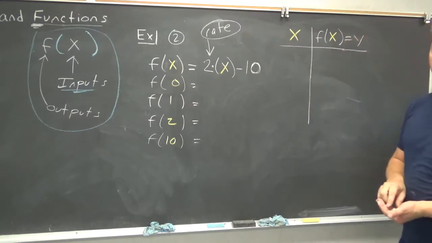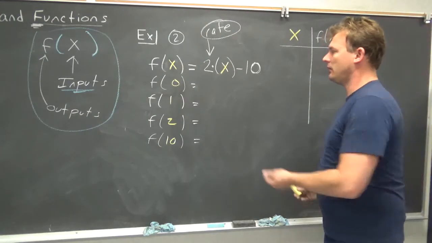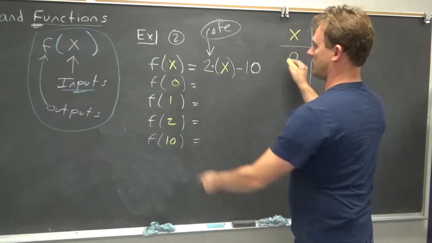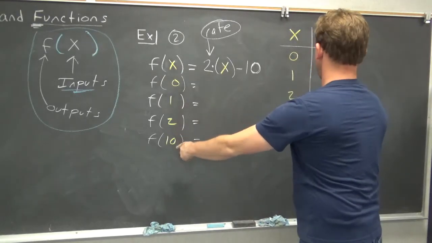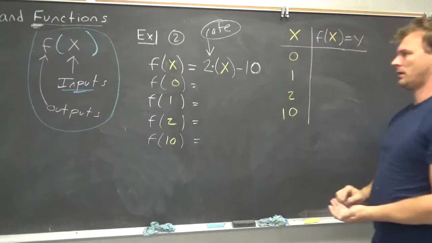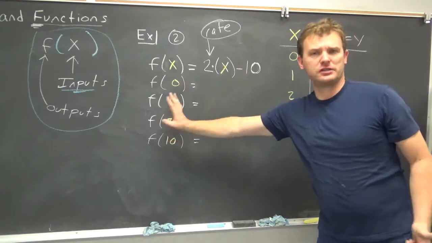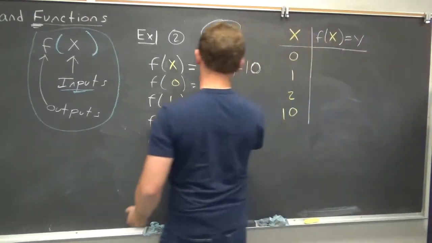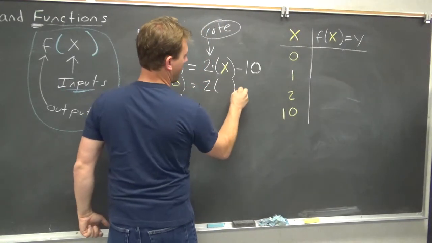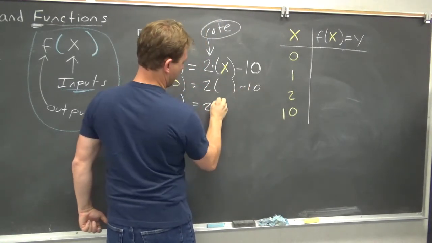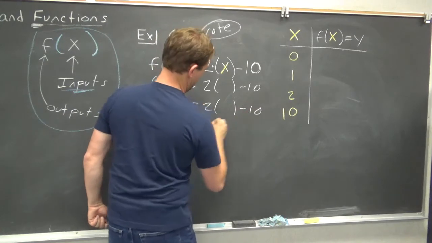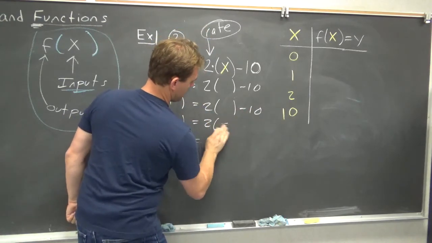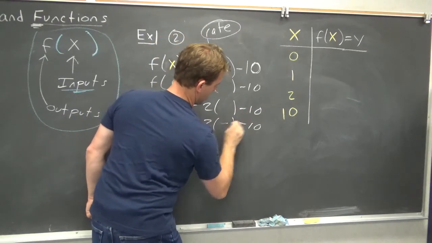Okay, put some values in. What if I gave you 0, 1, 2, and 10? We have these values that we put in, and we're just going to leave those. Now we're going to go always 2 times x minus 10.